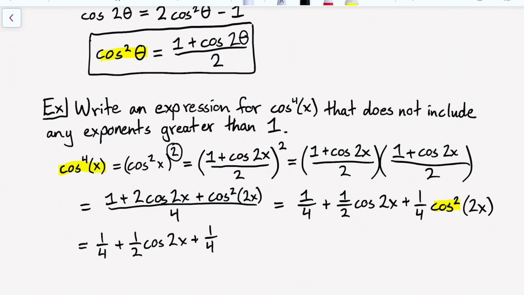But for the next term, let's once again use the power reduction formula for cosine squared. This time, theta is equivalent to 2x. So when I replace this cosine squared of 2x, I'm going to write (1 plus cosine of 2 theta, which means 4x) over 2.